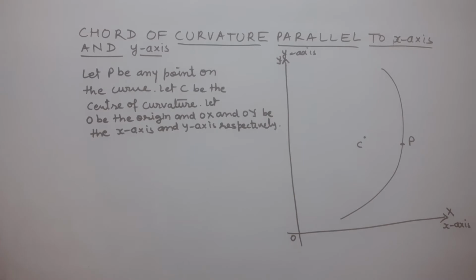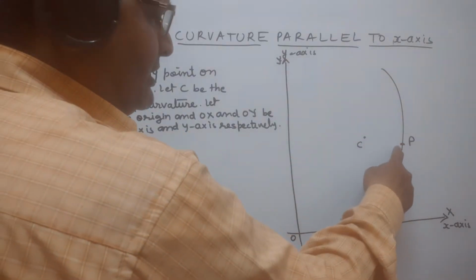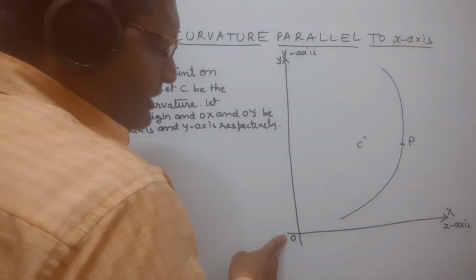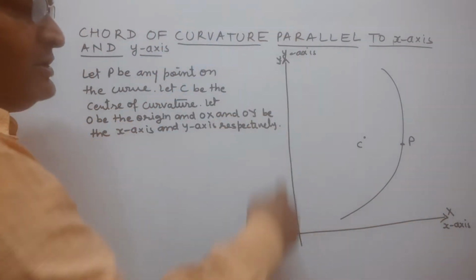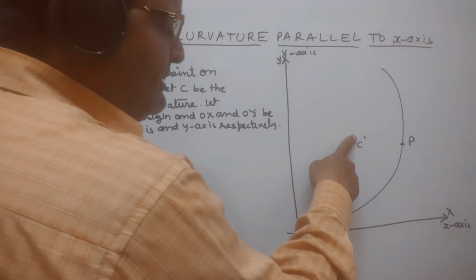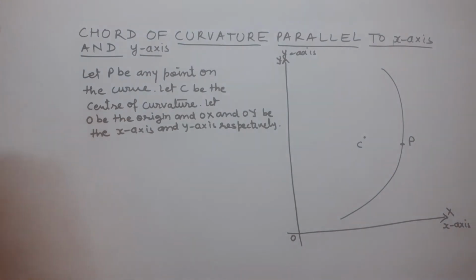Here we can see this is the curve and P be any point on this curve, and this O is the origin, OX is x-axis, OY is y-axis, and this capital C be the center of curvature.